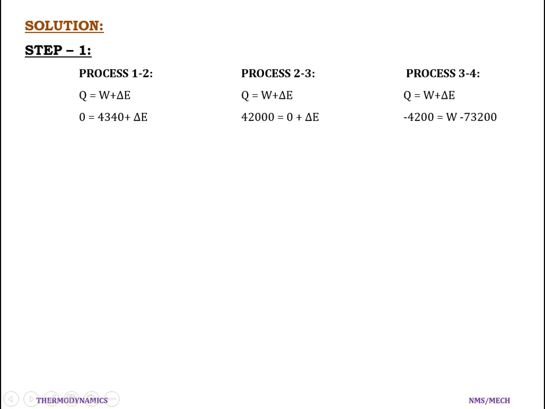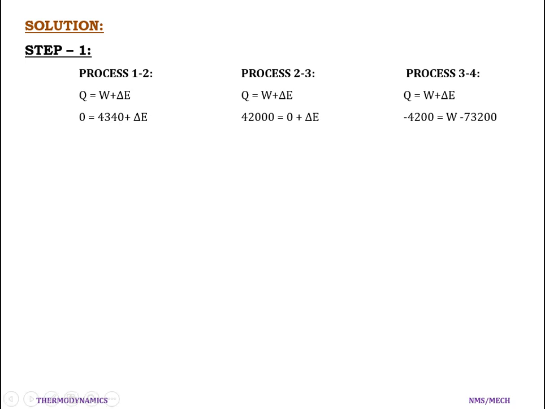You have to calculate the value of delta E. Similarly, for the process 2 to 3, the Q value is given as 42,000, the work output value is given as 0, and the delta E value is to be calculated. For the process 3 to 4, the Q value is given as minus 4200 and the delta E value is given as minus 73,200, but the W value is to be calculated.